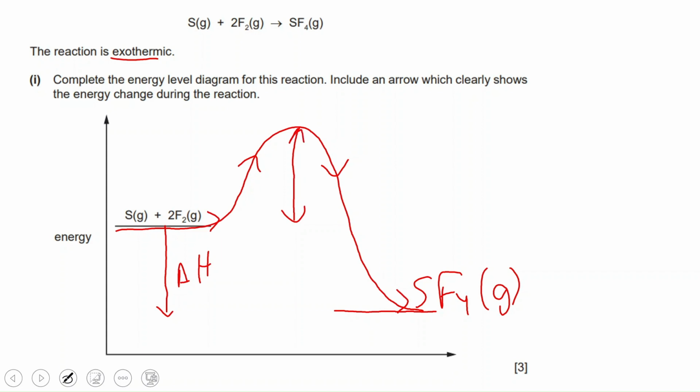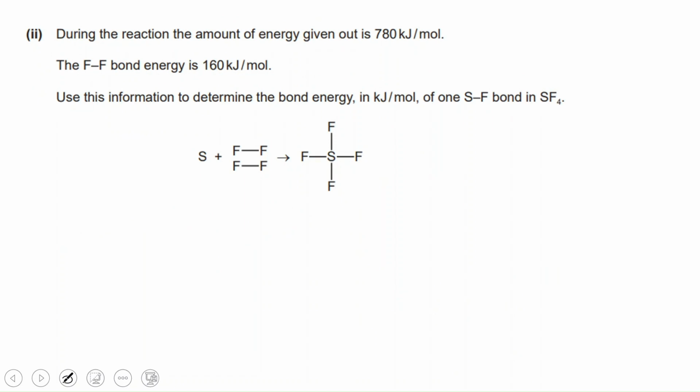So this distance from the bump to the energy level of the reactants is the activation energy, and that will get you 3 marks. Next, during the reaction, the amount of energy given out is 780 kilojoules per mole. The F-F fluorine single bond energy is 160 kilojoules per mole, and we need to use this energy to find out the bond energy of one S-F bond in SF4.